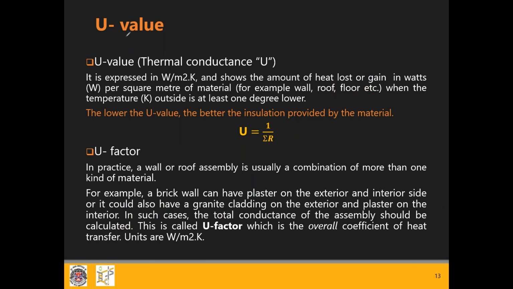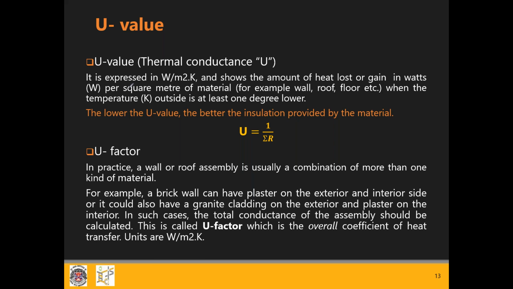In ECBC and all other standards that you will see, in ASHRAE as well, in any green building certification, the main parameter for thermal conductance for judging whether my building envelope is good or not is the U value. Now U value is the reciprocal of R value.